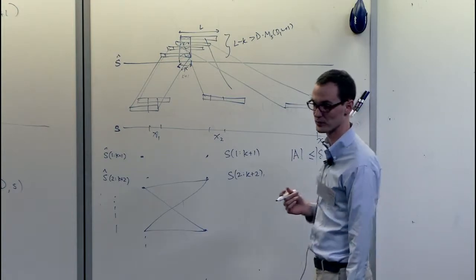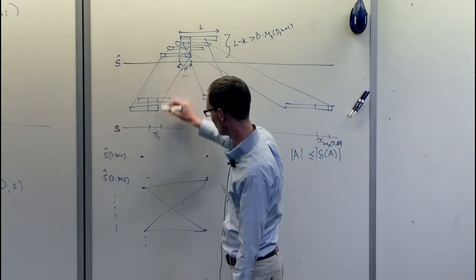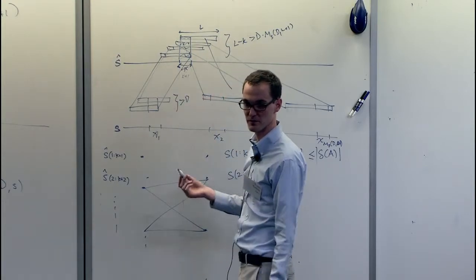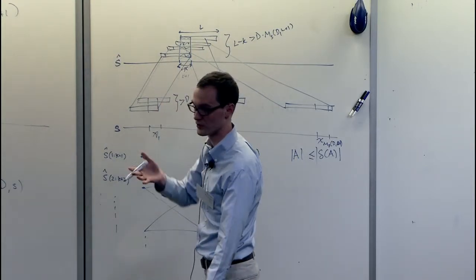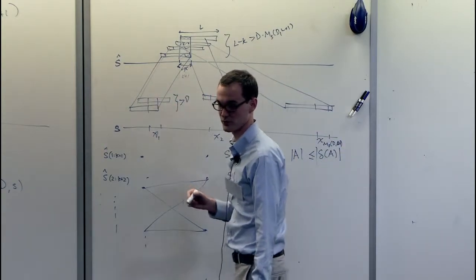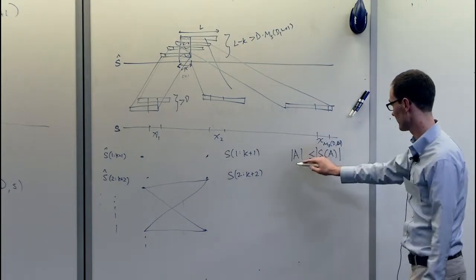So just by the pigeonhole principle, there has to be at least one of these that has greater than d reads sitting on it. And by that vertical constraint on my adversary, it allows me to completely correct all those errors. So that's the case A equals 1.